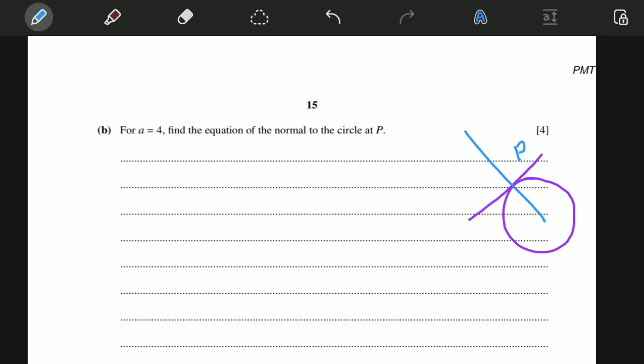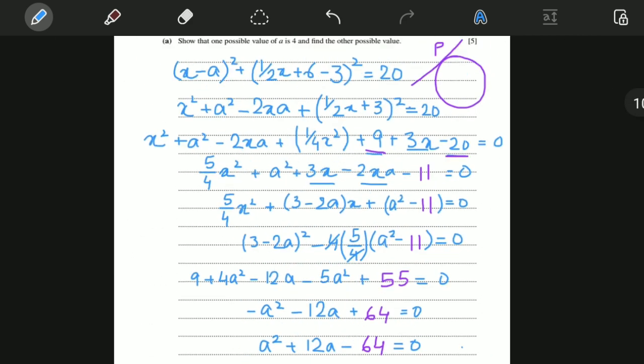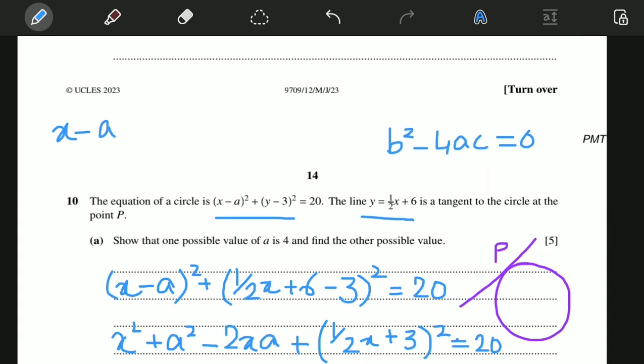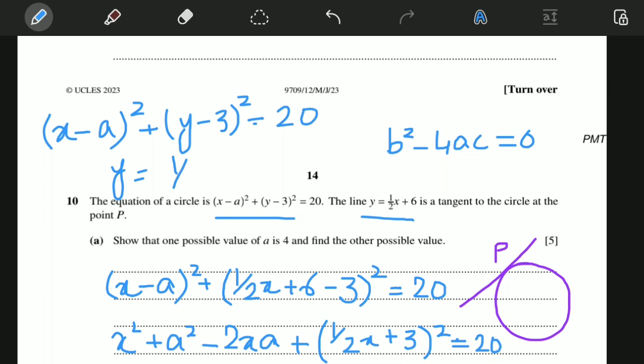So let's first write down the two equations. Y is equals to half x plus 6. So we need these two.